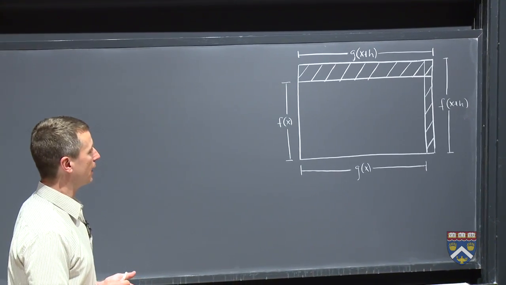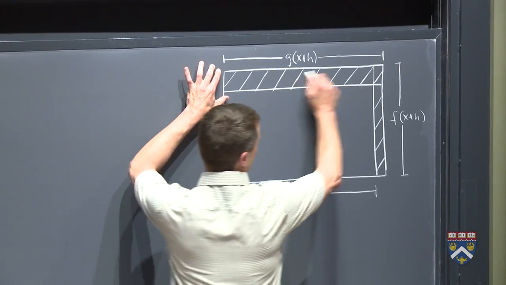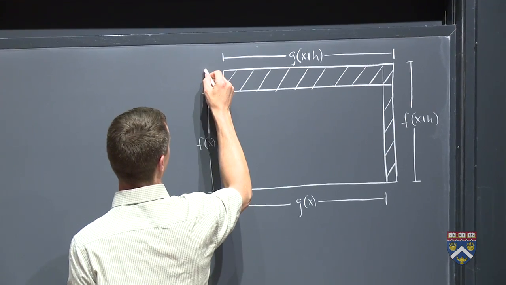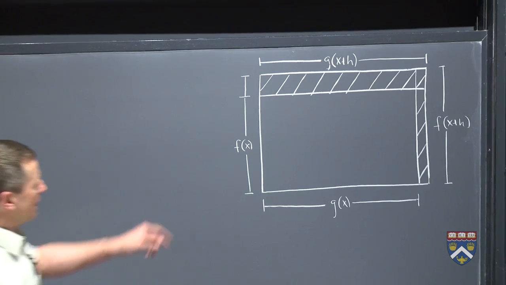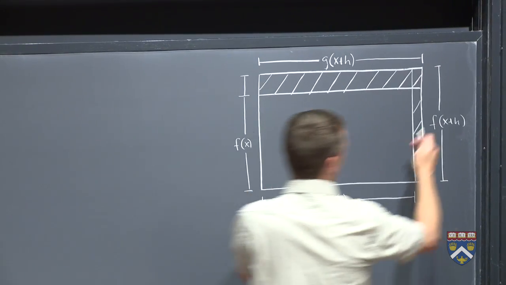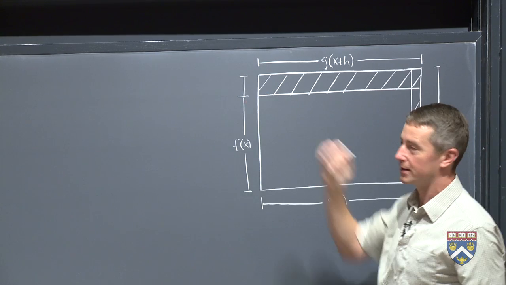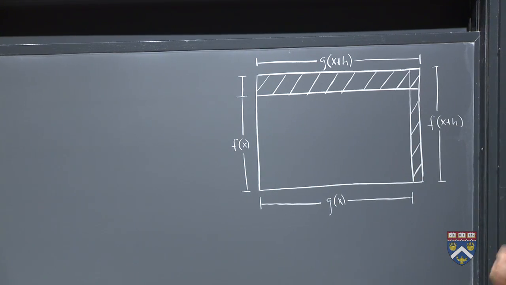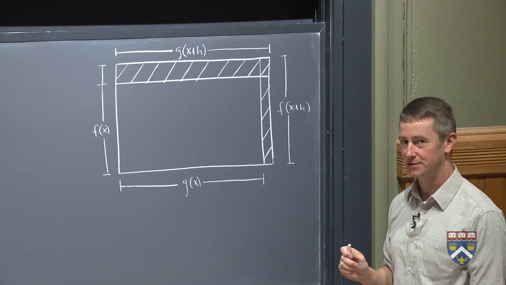So let's see about how we want to do that. So let's first look at this rectangle across the top. Let's figure out how tall it is. We know that this whole distance here is f of x plus h, and this distance is f of x. So what is this? Are you tempted to say something like h or f of h? Those aren't correct, right?